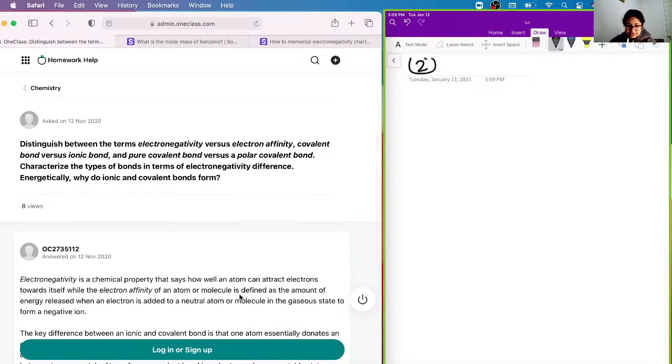And so what we can start off by saying is that electronegativity is a chemical property that says how well an atom can attract electrons towards itself.